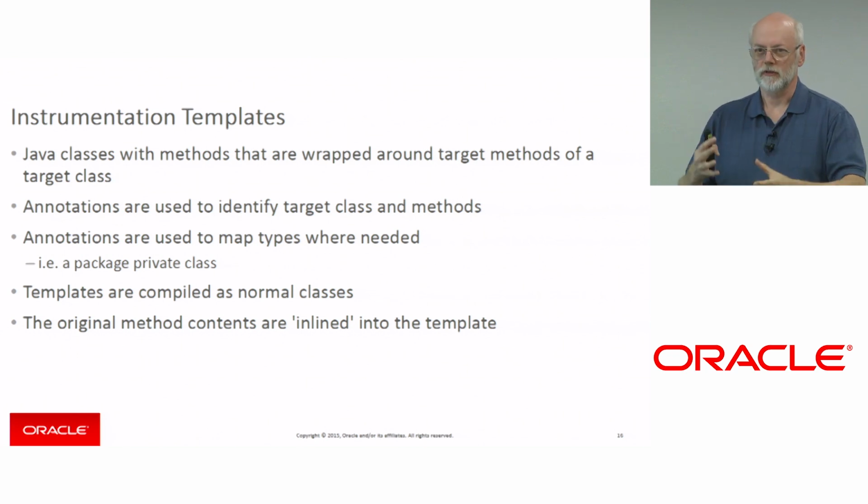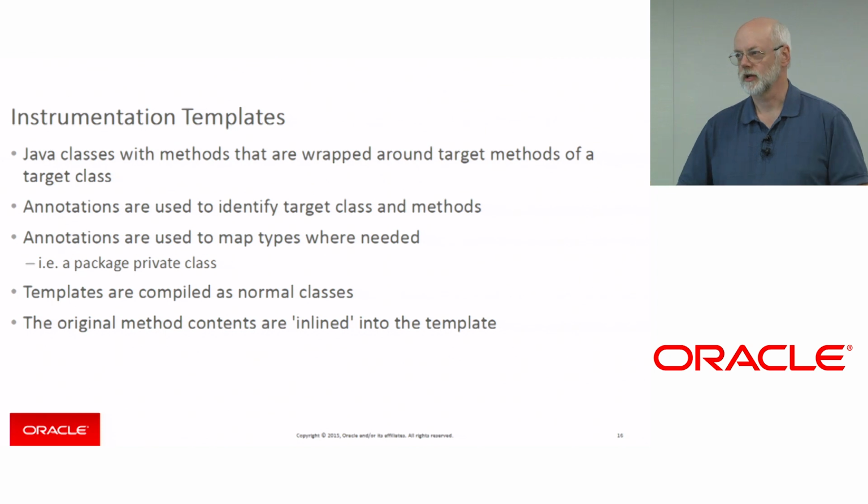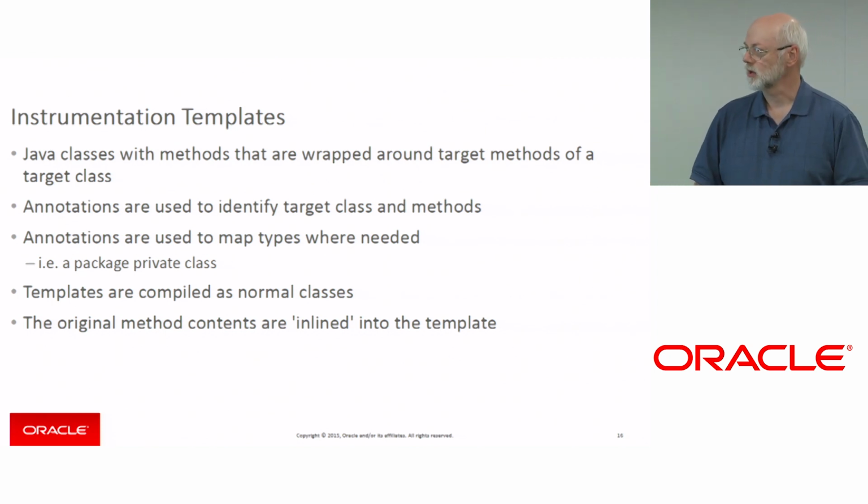You can't just refer to everything that the implementation class that you're trying to annotate can access. So there's a couple of special cases there. And as mentioned in a couple other places, since they're wrapped around the method, the original method is inlined into the template and then redefined.